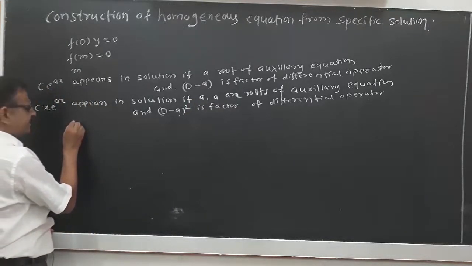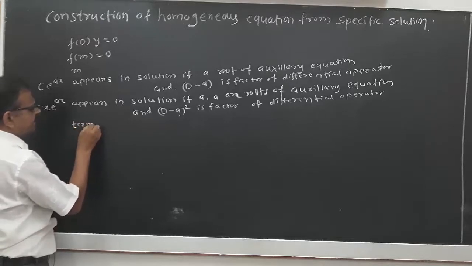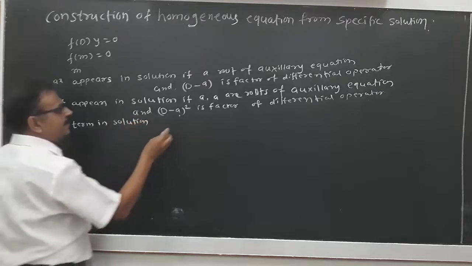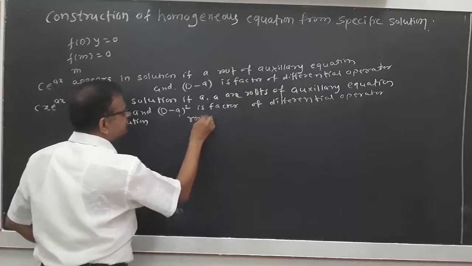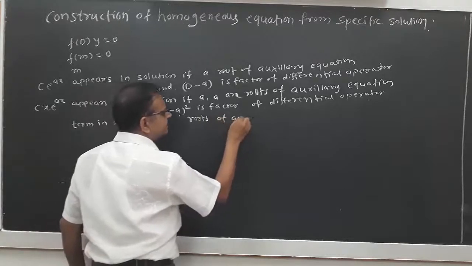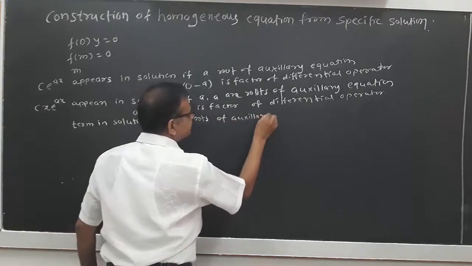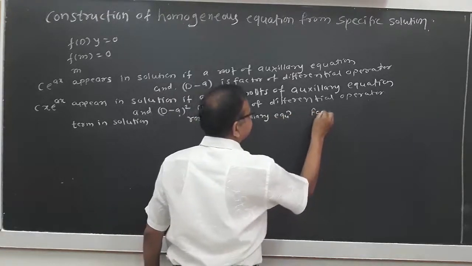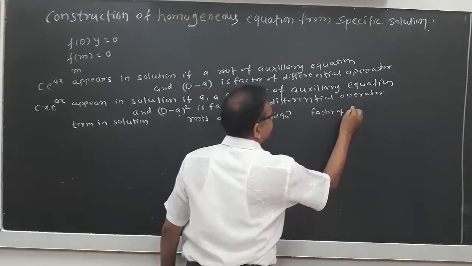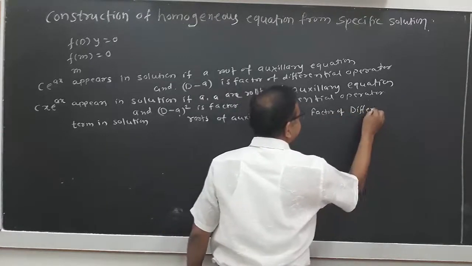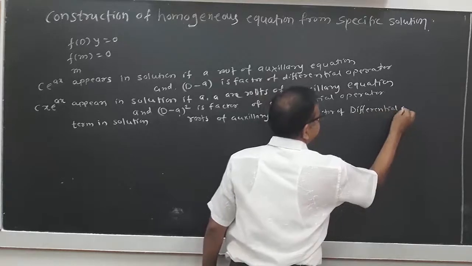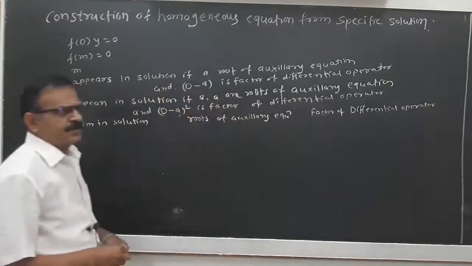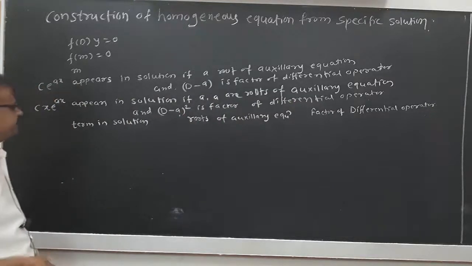We shall write here the term in the solution, then the roots of the auxiliary equation, and the factor of the differential operator. These are important things for constructing the linear equation.